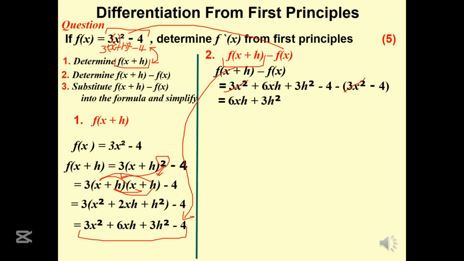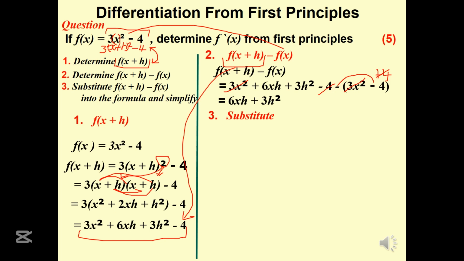Then this negative here, a negative and a negative makes it positive 4. So the positive 4 that we get and the negative 4 that is here, they also become 0, such that our answer becomes 6xh plus 3h squared.